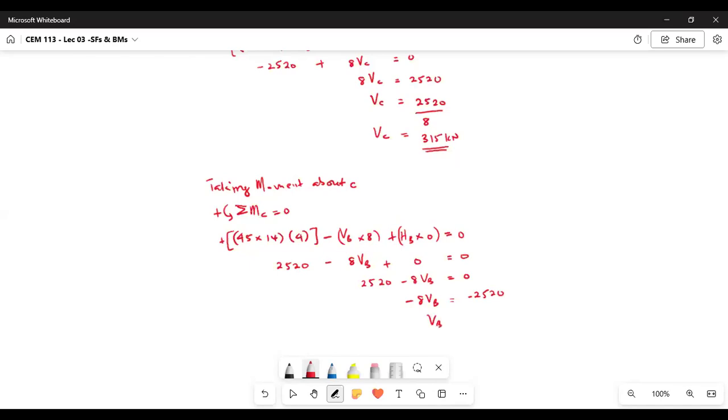So here VB will give us negative 2,520 over 8. And VB is equal to 315 kilonewton.